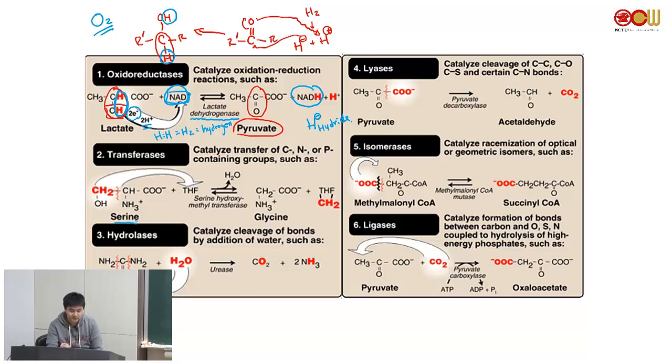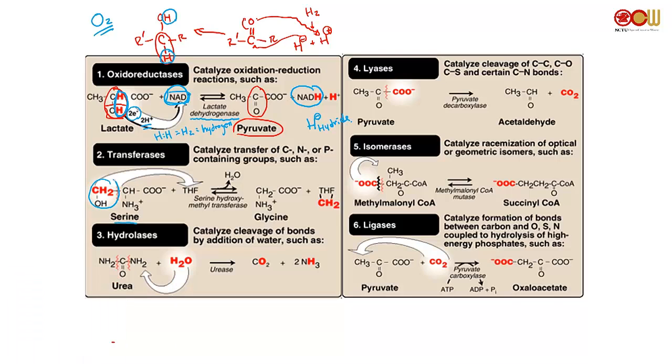Essentially what you have to do is transfer this hydroxymethyl group to something else. And then what is left is glycine plus a methylated, or not methylated, methanolylated THF. It's a one carbon carrier.